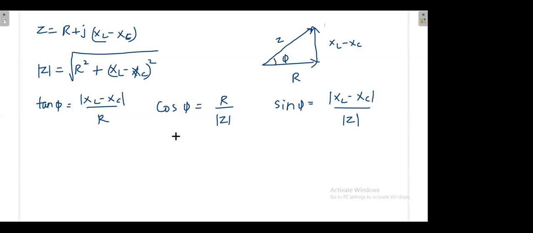This cos phi is called the power factor of this circuit.